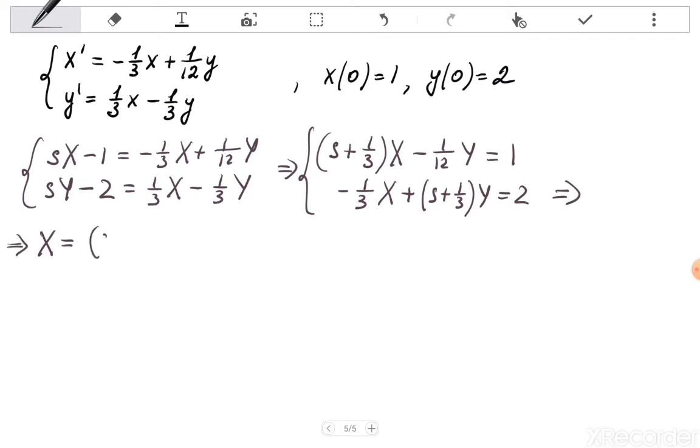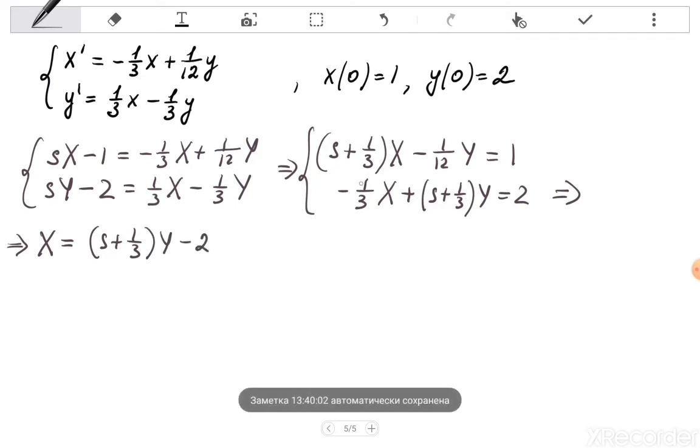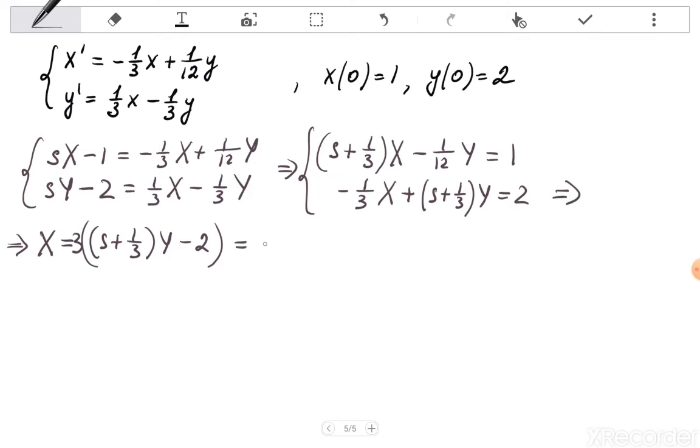This is (s plus 1 over 3)y minus 2, so we write minus 2 here, and 1 over 3x we move to the left and multiply everything by 3, we get this thing. So if we now open the brackets, we obtain (3s plus 1)y minus 6. So this is the expression for the function x.